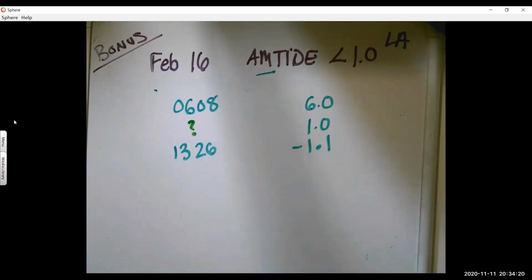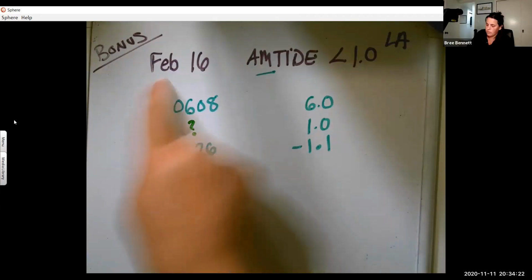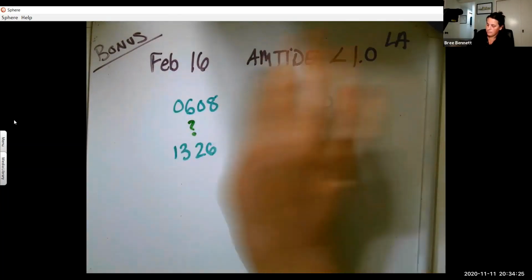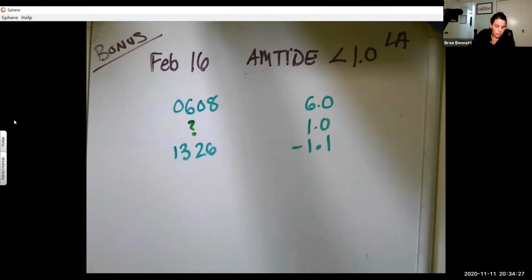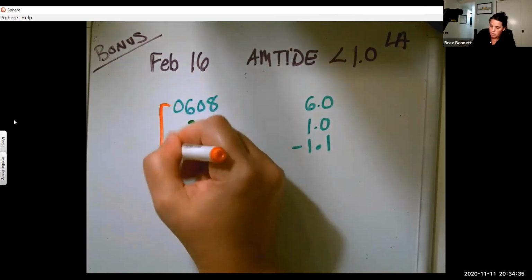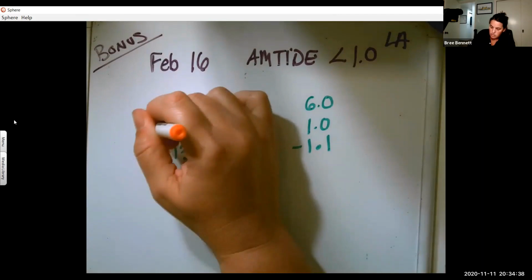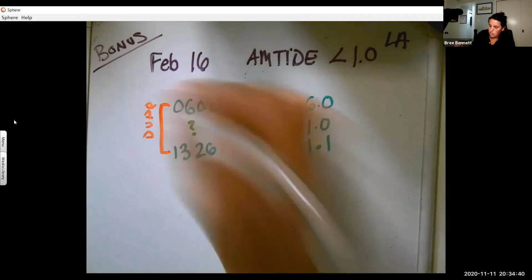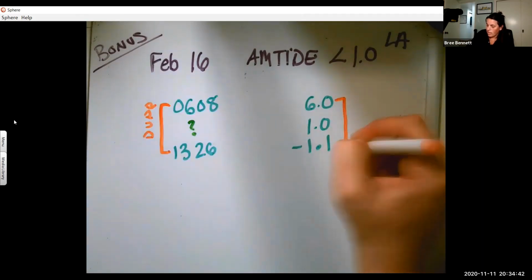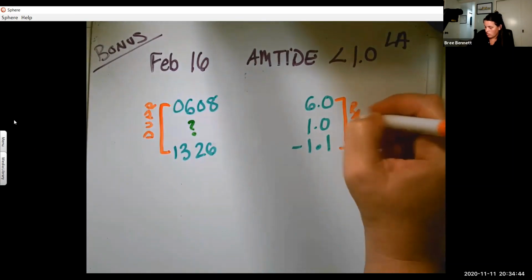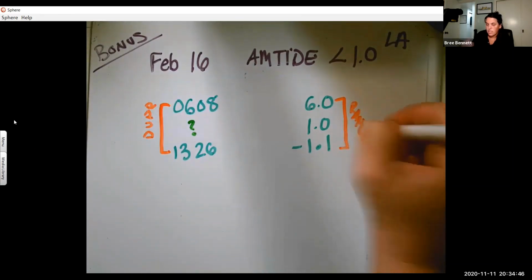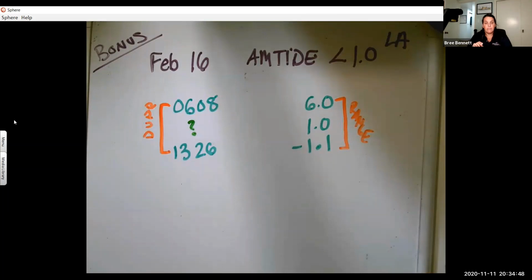So I kind of just touched on this before. I didn't know we were going to do it. So we want to do the same thing on our bracket here. We want to know the duration. We want to know the range. And then we want to know the correction.